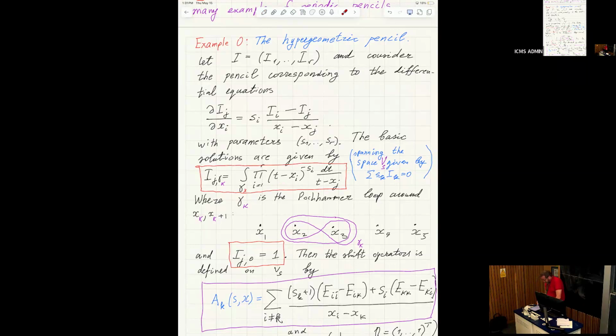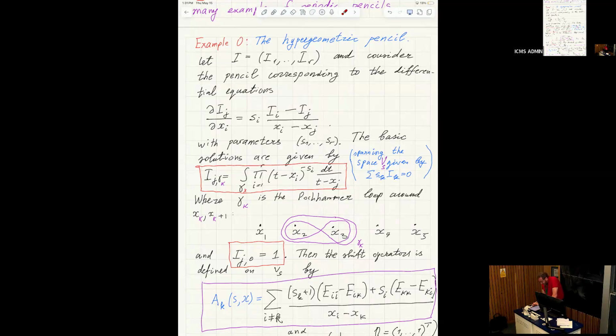And these integrals satisfy the equation, the sum over k of s_k times I_k equals 0, because it's a statement that this form is exact when I take the sum with coefficients s_k.